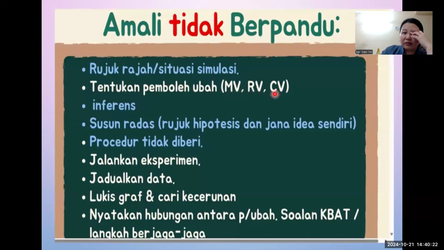You check MV, RV, CV and do your own inference. We have the format, inference, apparatus arrangement and procedure. Then you carry out the experiment. Don't worry, we will see guided and unguided.